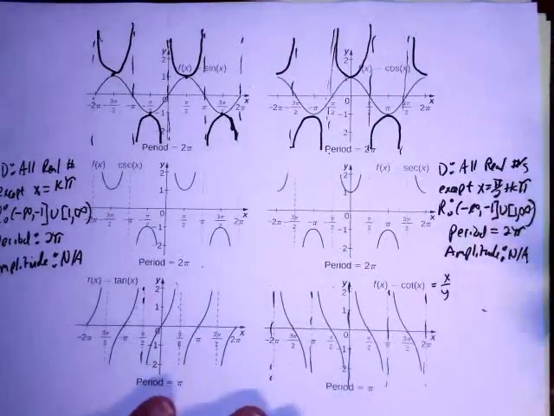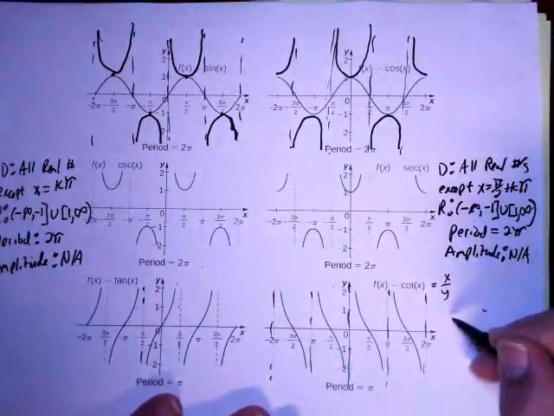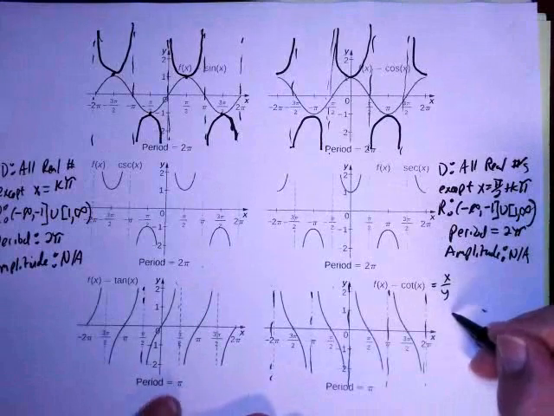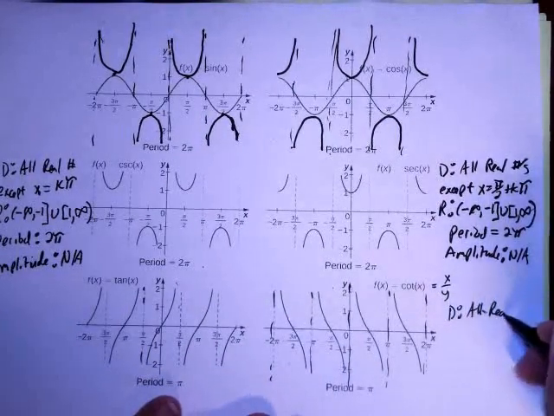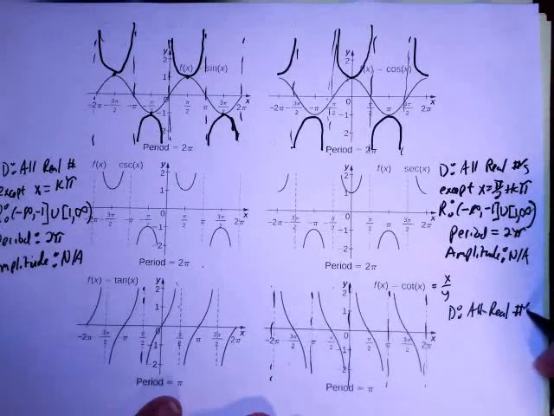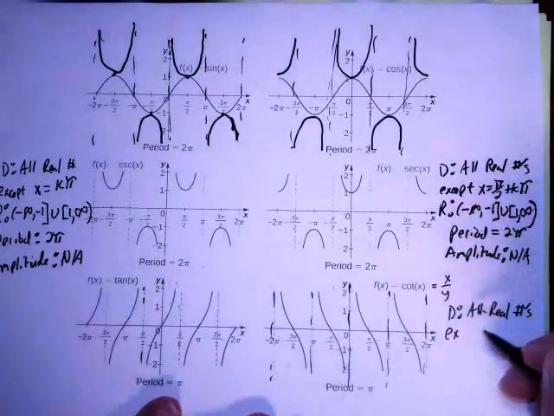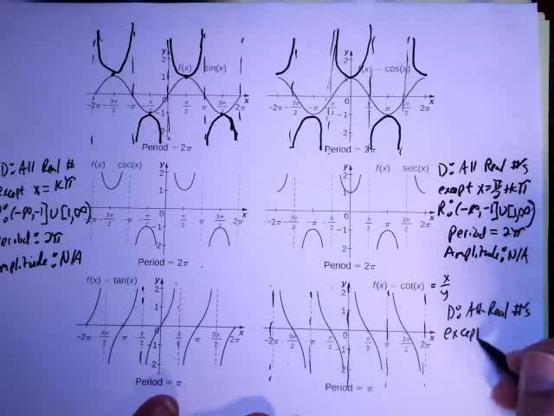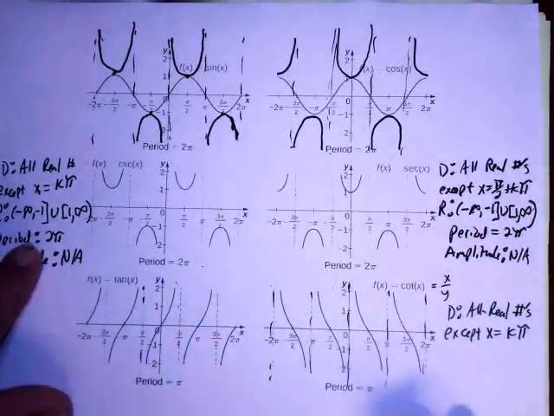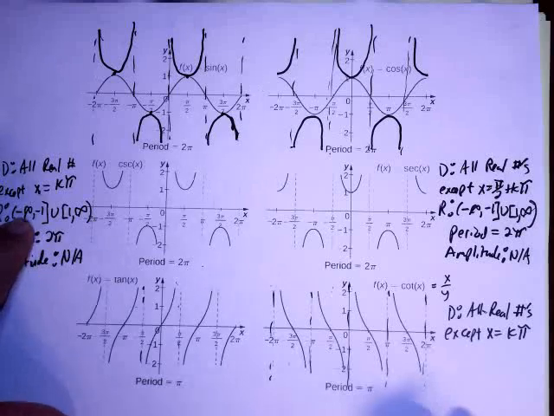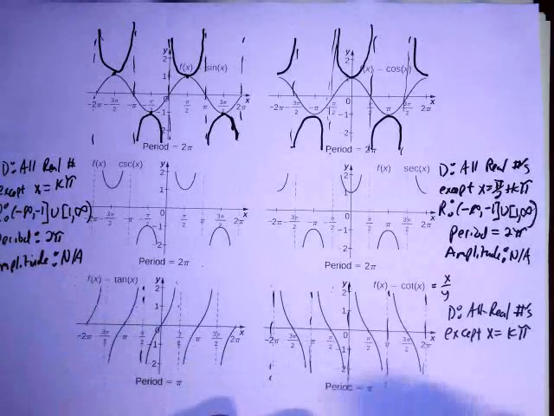And then for this one, the cotangent, the domain would be all real numbers except x equals k times pi, so a lot like the cosecant.